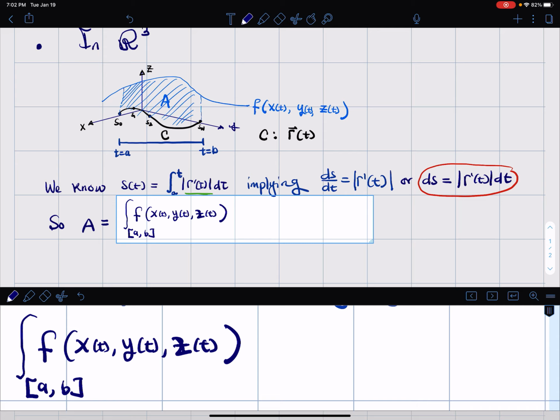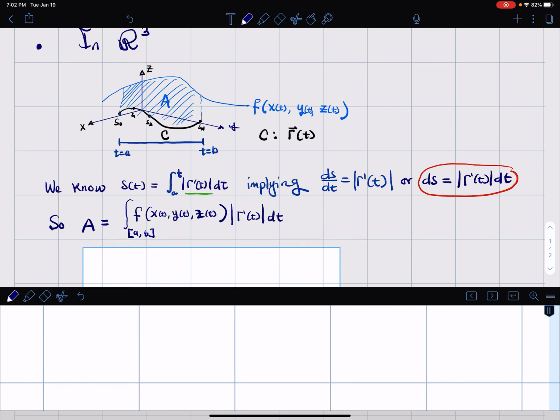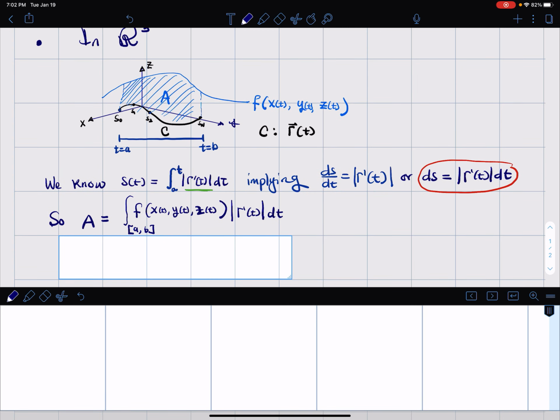But now, ds we can rewrite in terms of dt, which is the magnitude of r prime of t dt. So that's our area.